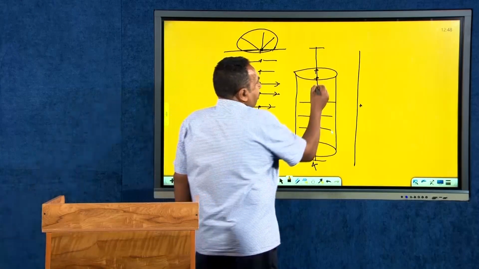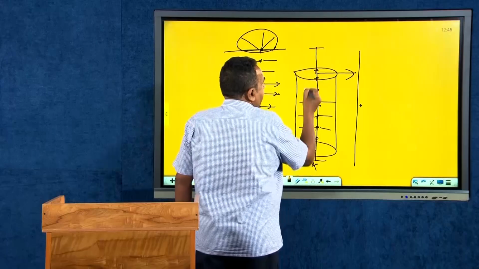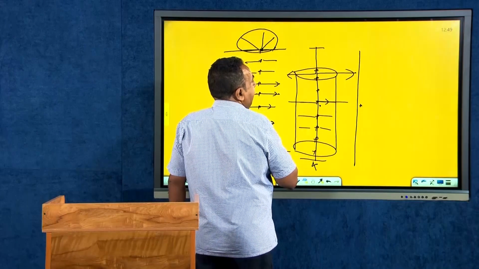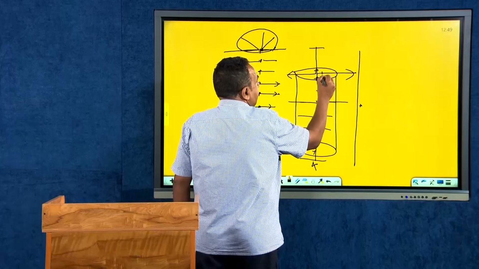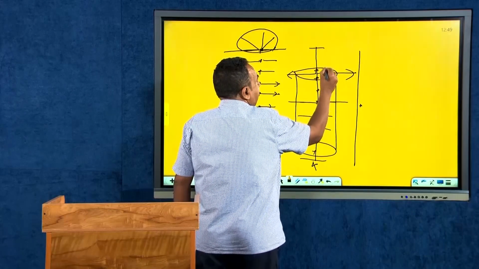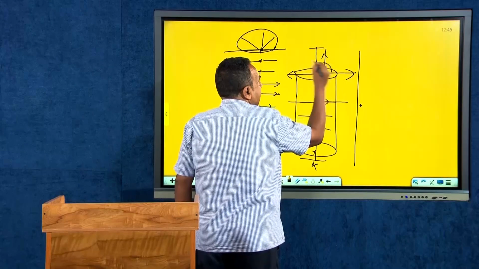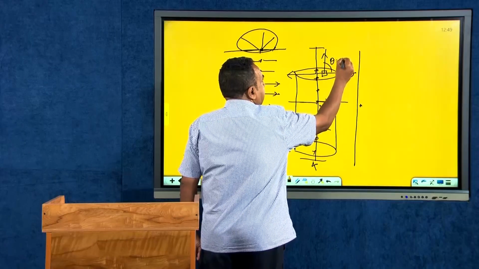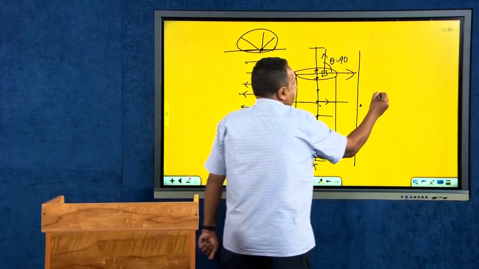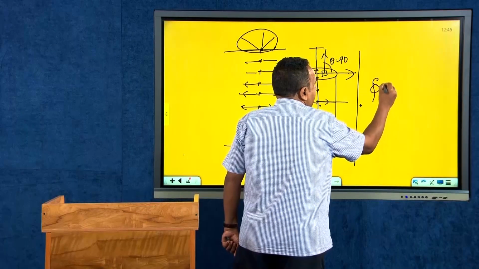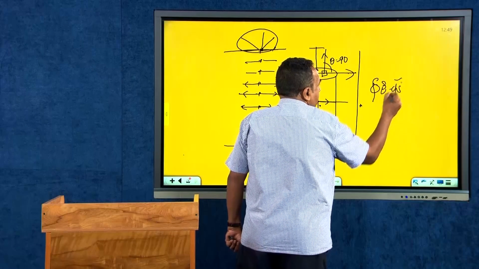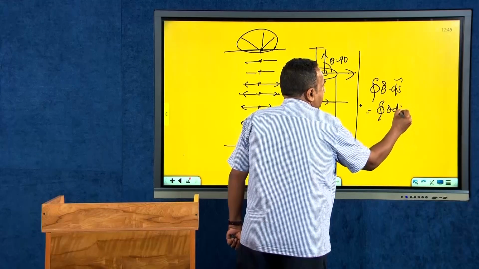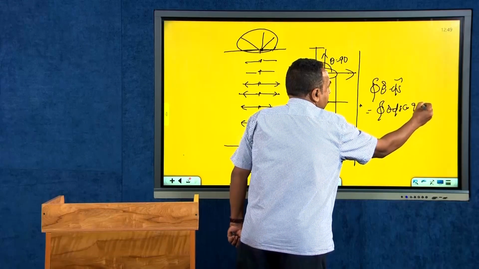Why? Because the electric field will be having a direction like this, and at this surface your area is ds, which is like this, and the angle theta between the electric field and the surface is 90 degrees. Your closed integral E dot ds will be equal to closed integral E ds cos 90, which is 0.